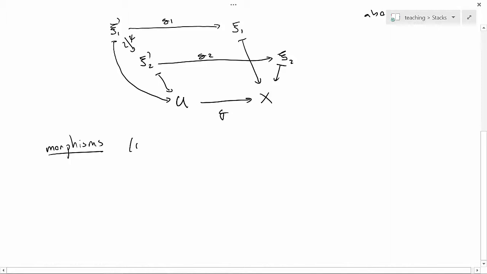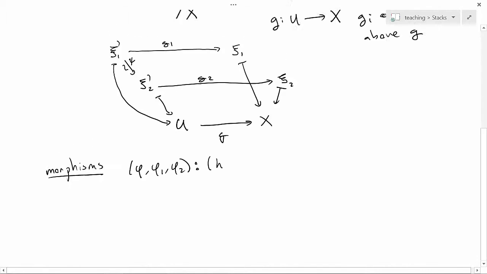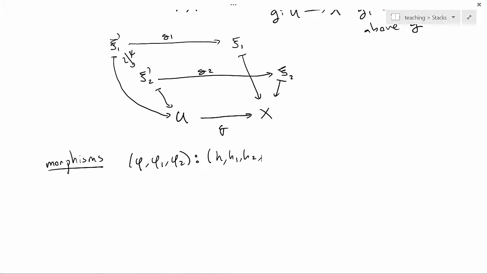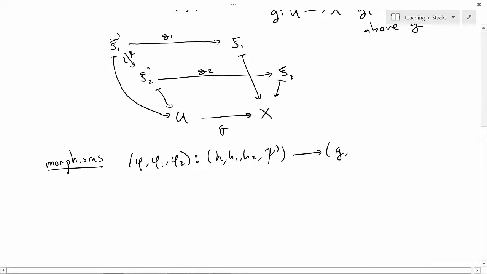So let's say, so we're going to say what is a phi1, phi2 is going to be a morphism between the data of, let's say, maybe we'll call it, how did I label these things above? Let's say H, H1, H2, I need another letter, let's just call it psi prime, because I'm not very creative right now, to G, G1, G2, psi.